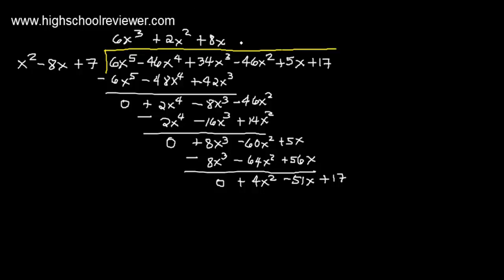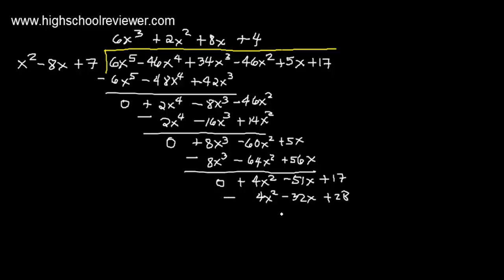This will be equal to positive 4. 4 multiplied by x squared. This is positive 4x squared. And positive 4 multiplied by negative 8x. This is negative 32x. Positive 4 multiplied by positive 7, this is positive 28.